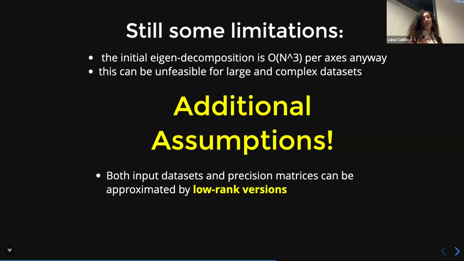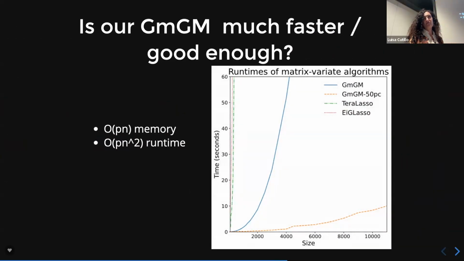And we can use that. So we can actually not estimate everything, but just consider a fixed number of principal components, or if you want, eigenvectors, okay?